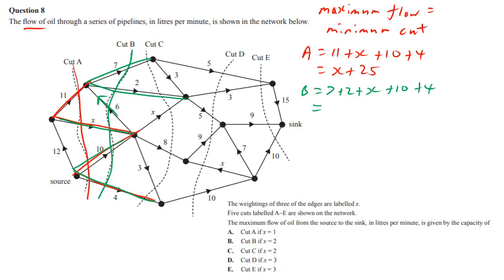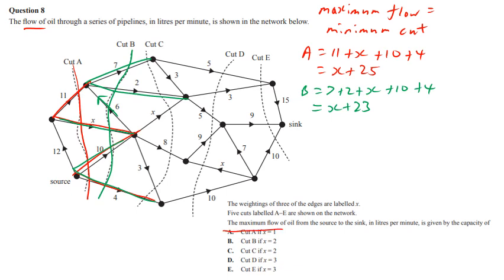So if we add all that up, that's 9, 19, 23. So it's X plus 23. Well, since A and B are connected in that way, A is always going to be, whatever X is, bigger than B. So I'm pretty certain it's got nothing to do with A. Then we can rule out A.